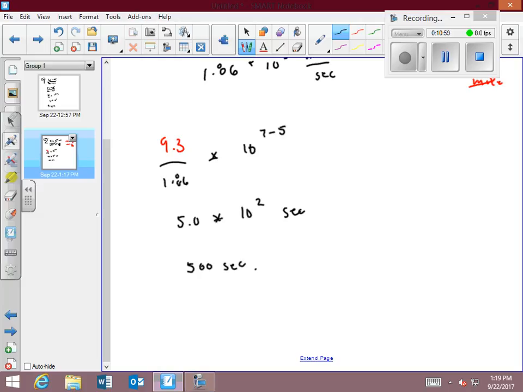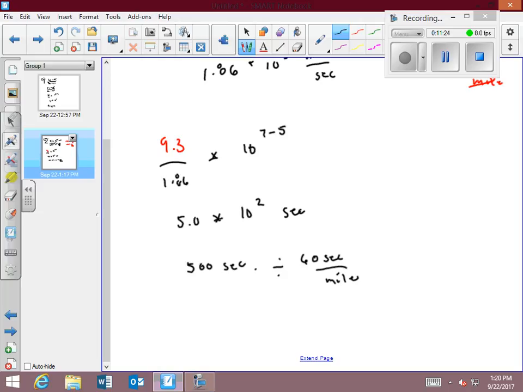Now 500 seconds probably is a little bit meaningless to us. So at least if we transferred it to minutes, it'd have more meaning. How would we transfer it to minutes? 500 divided by 60. We would divide this by 60 seconds in a minute.